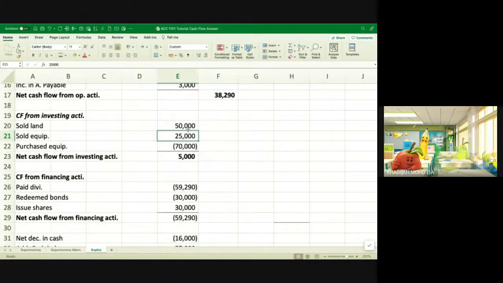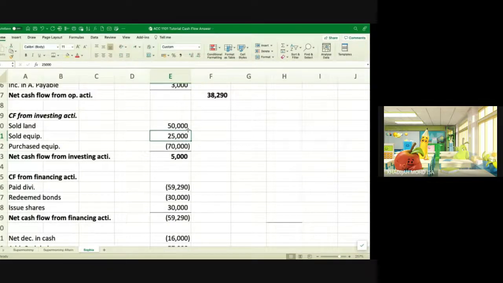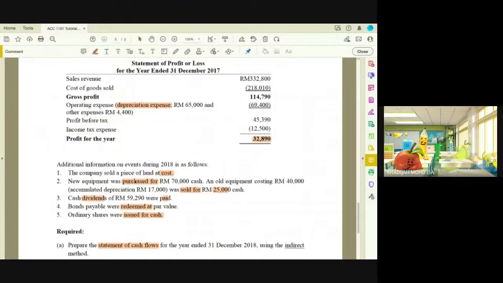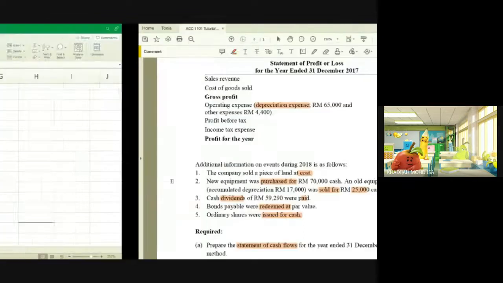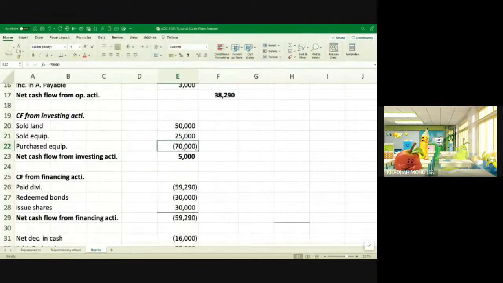So you have plus 25,000. But you also purchased new equipment for 70,000 cash, so you have to minus that from your investing activities. Because of that, the net cash flow from your investing activities is 5,000. So far, so good, everyone?